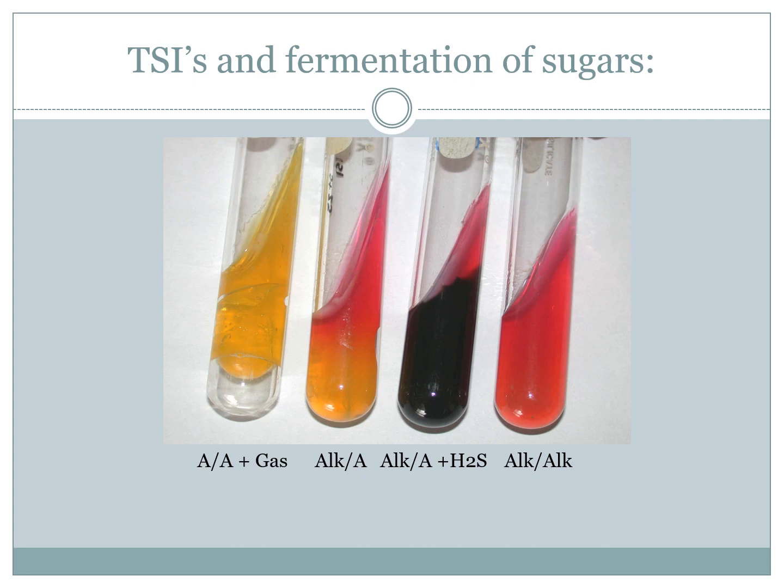In the second tube, you can see that it's alkaline over acid or red over yellow. Because it's red over yellow, it means that lactose and sucrose have not been fermented, because you would observe that in the slant of the tube, but glucose has been fermented, and you can see that the bottom of the tube has turned yellow. In the third tube, we have an example of alkaline over acid plus H2S.